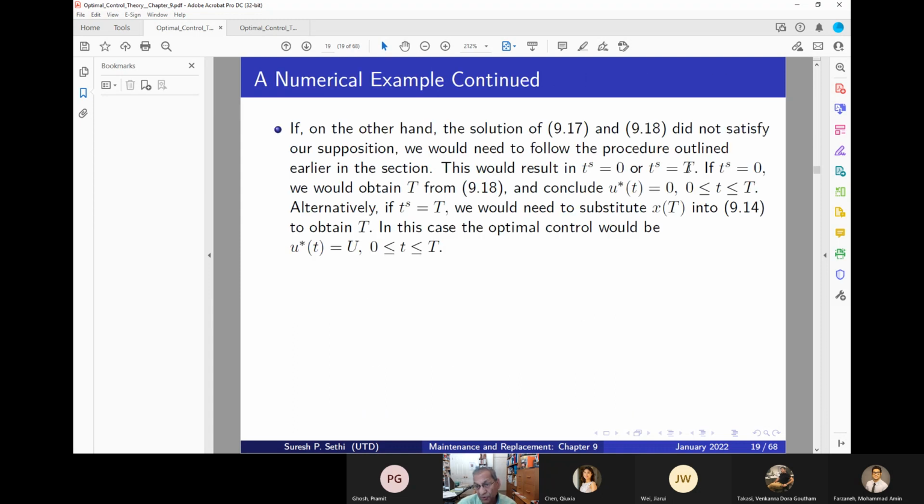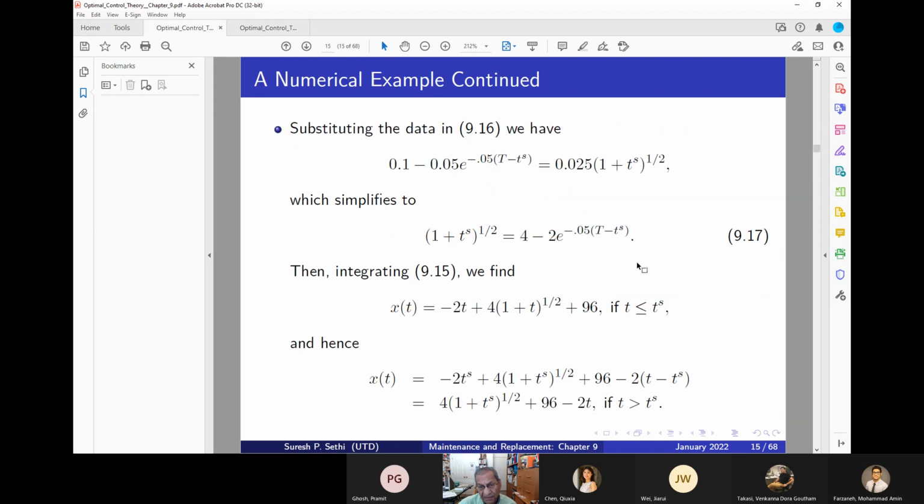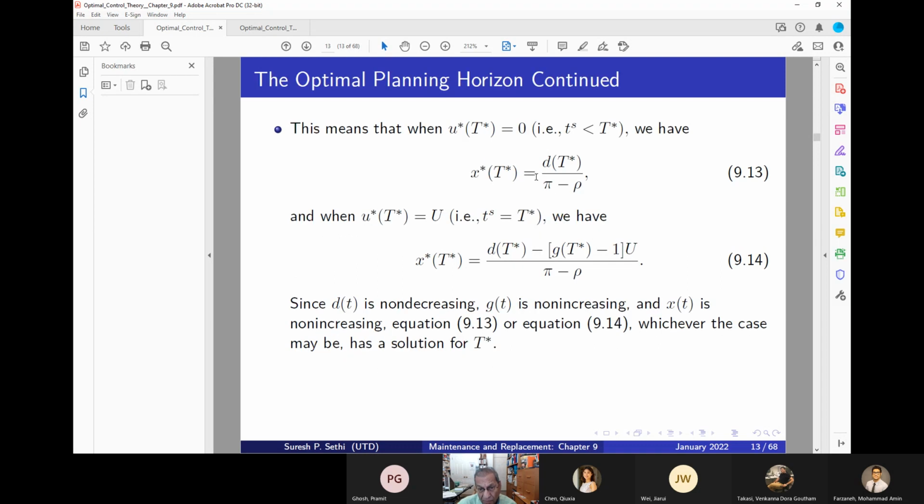On the other hand, if TS equals T, then we are in a completely different situation, because we are not going to be able to use this condition, we are going to use that condition. And with TS equal to T, 9.13, wherever we use 9.13, is no good. So we have to replace 9.13 by 9.14 and redo the calculations.